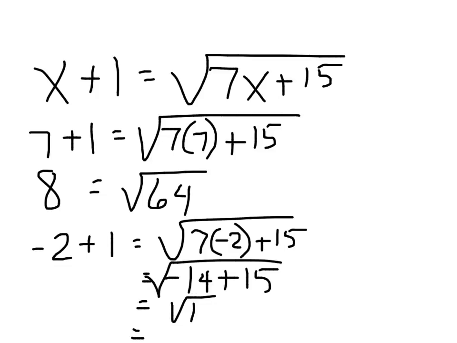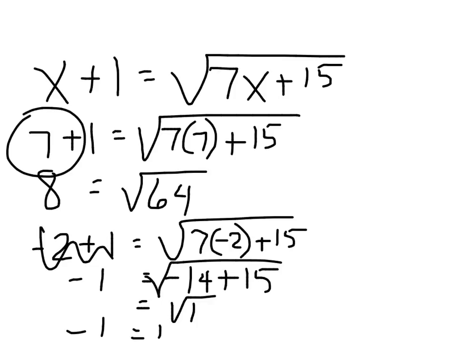Square root of 1 is 1, right? On the left-hand side, -2 plus 1 is -1. Does -1 equal positive 1? No. So guess what I get to do with the -2? Throw it out. Scrap it. Yep, throw it out. So the only answer I get to keep is the number 7.